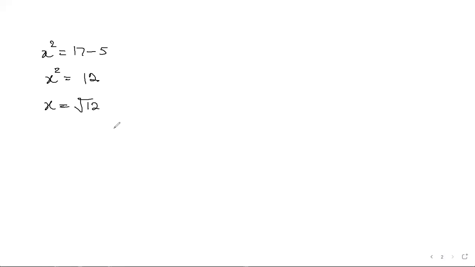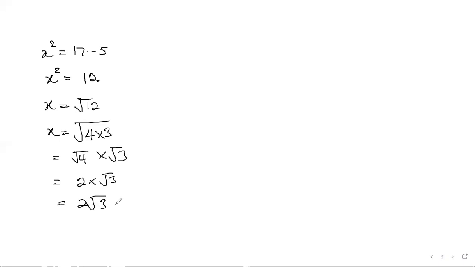You can leave it in short form. If you want to leave the answer in short form, it's going to be square root of 4 times 3, and that will be square root of 4 times square root of 3, and that will be 2 times root 3, and that's 2 root 3. So that's the value of x.